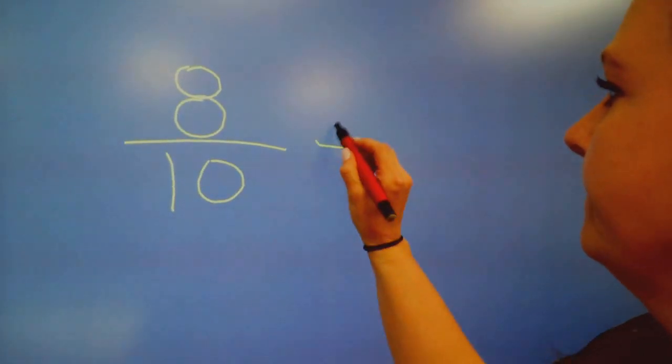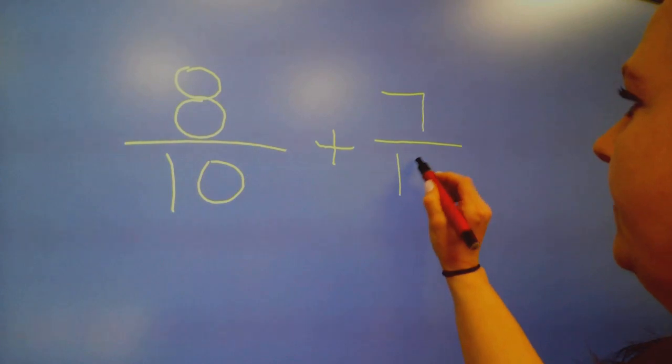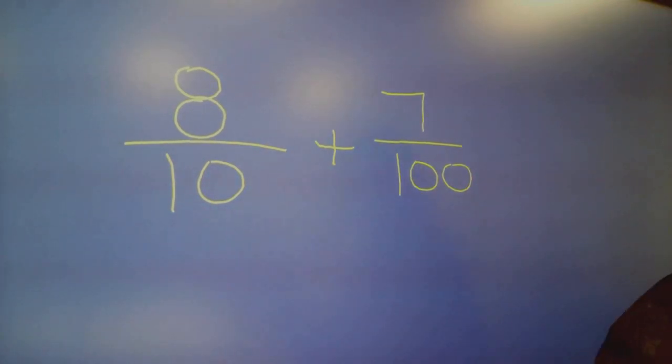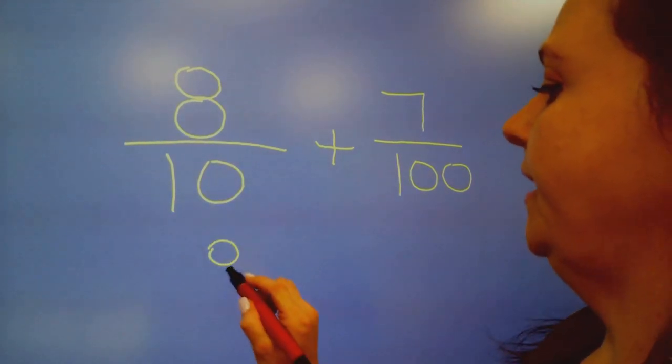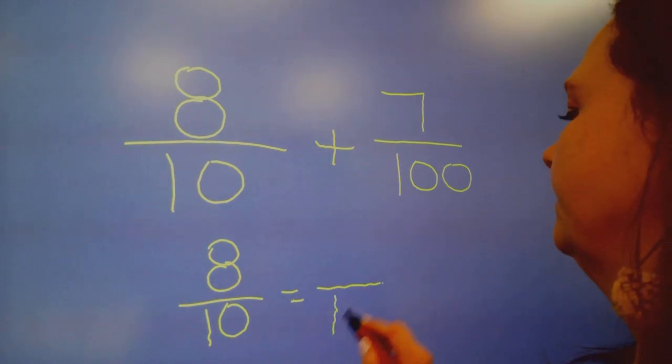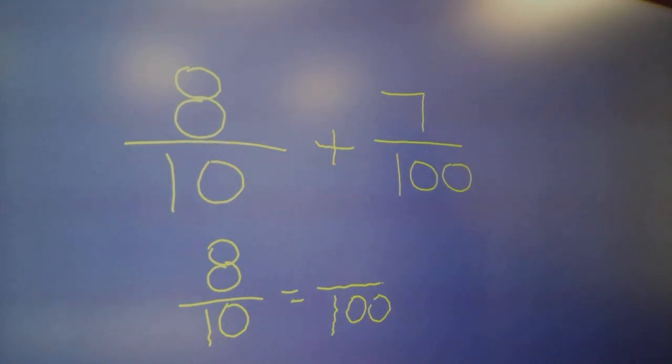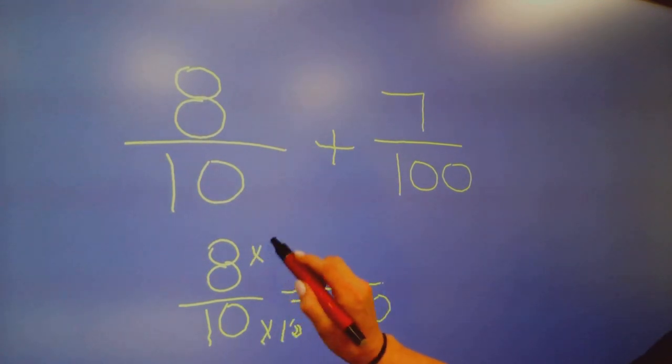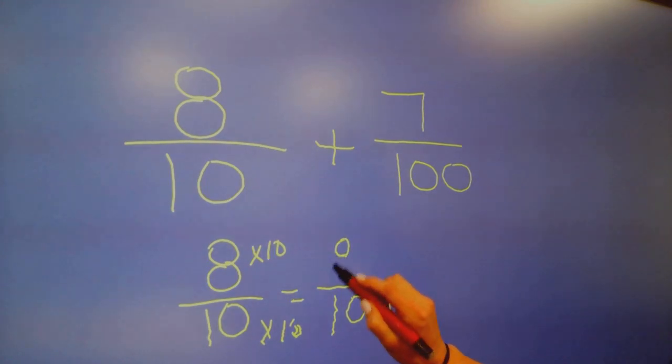8/10 plus 7/100. So can we just go ahead and add these two fractions? No. Are their denominators the same? No. So I'm going to change 8/10 into something over hundredths. 10 times 10 is 100, so then 8 times 10 is 80.